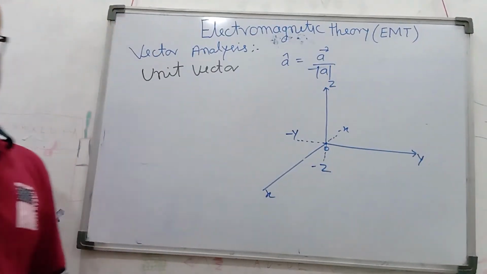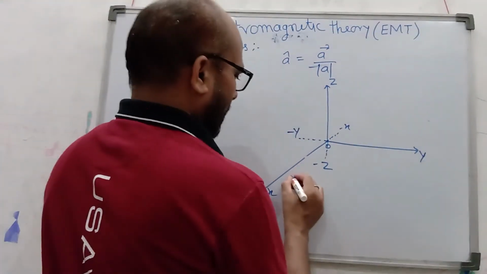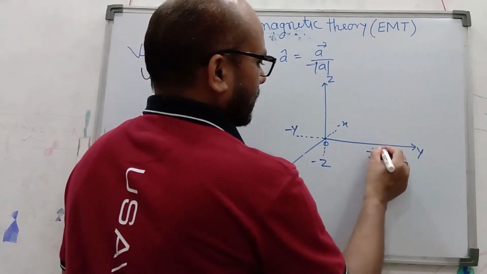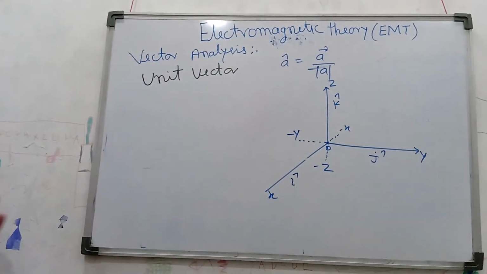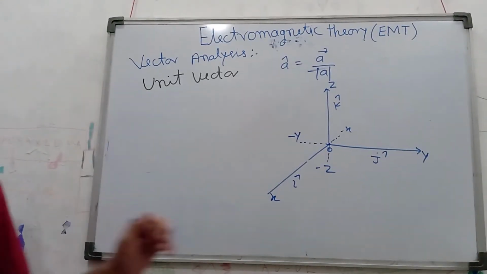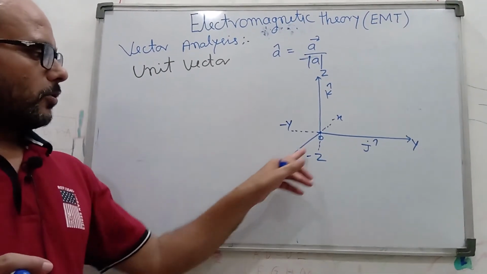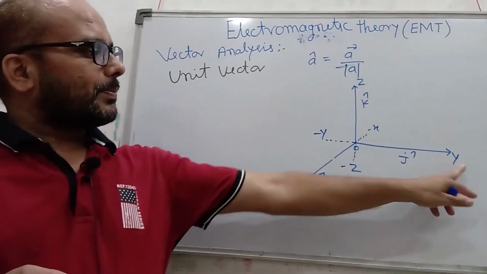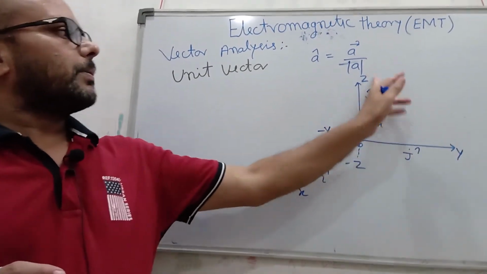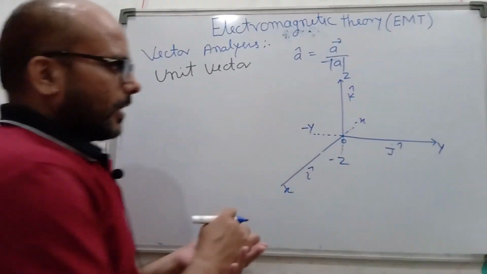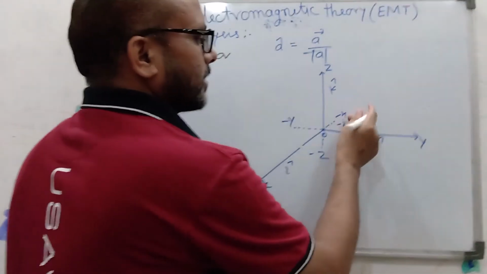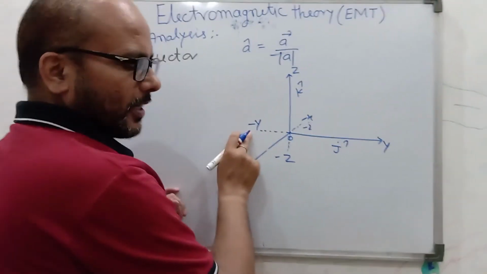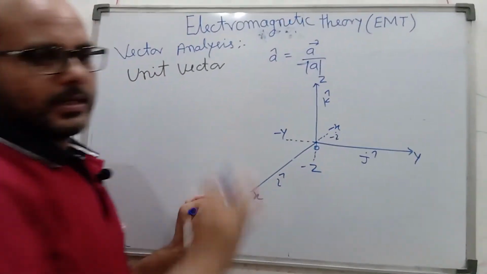So the x axis is I cap, J cap and K cap. I cap, J cap and K cap are the unit vectors. I cap represents the x axis, J cap represents the y axis, K cap represents the z axis. Similarly, minus I cap means minus x axis, minus J cap minus y axis, minus K cap minus z axis.